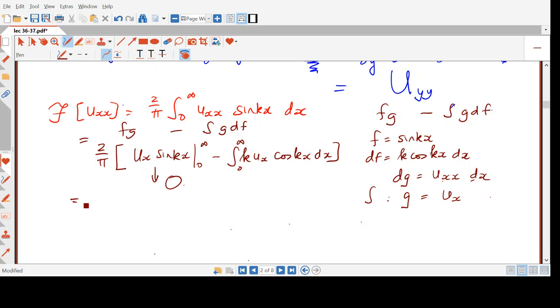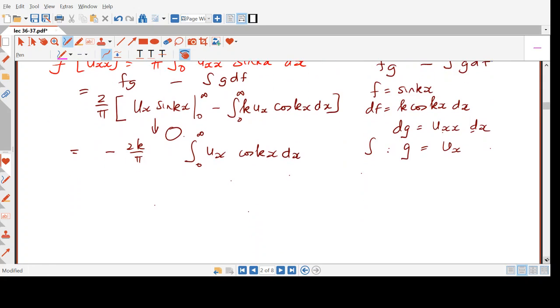So therefore this boils down to minus 2k over pi integral of ux cos kx dx from 0 to infinity. Now let's give this another round of integration by parts. This time we shall let f be equal to cos kx.